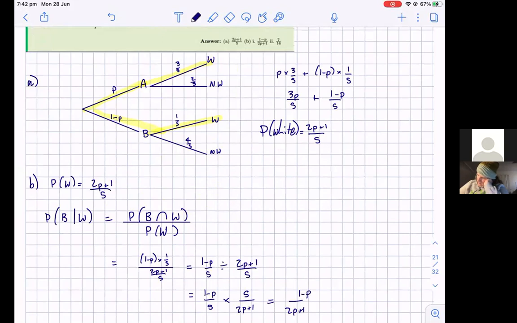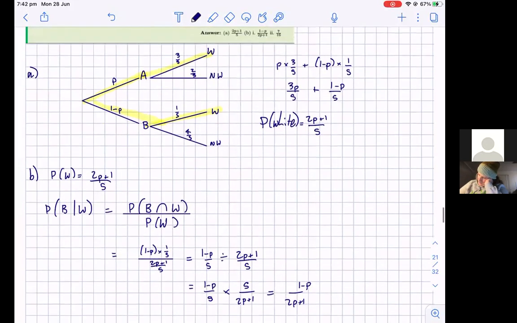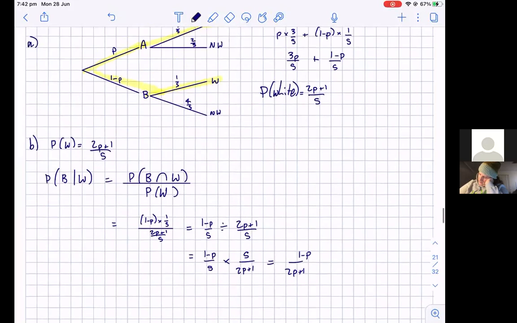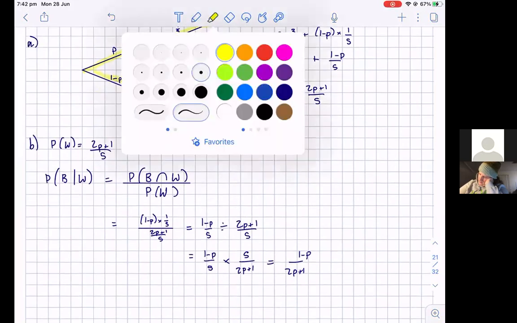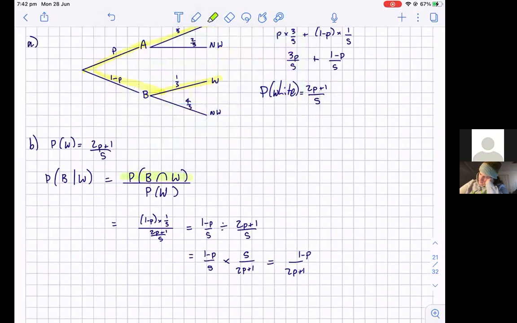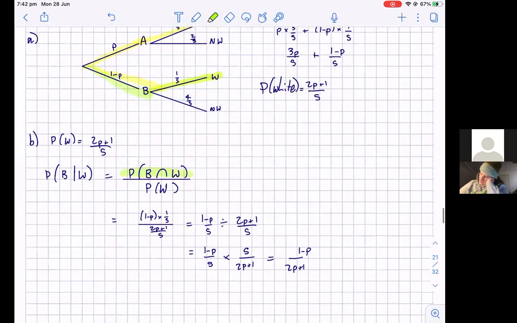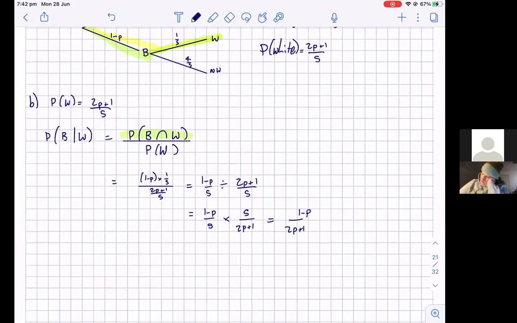Which means I've got 1 take P on 2P plus 1. Because this is this whole branch, and I was just considering the second part of that branch. Okay, that's question I.